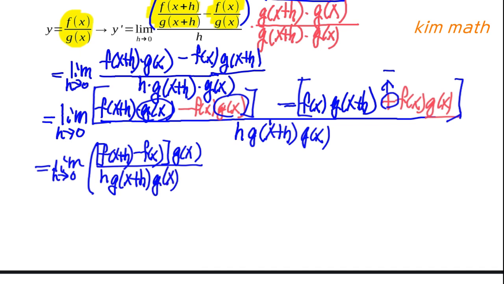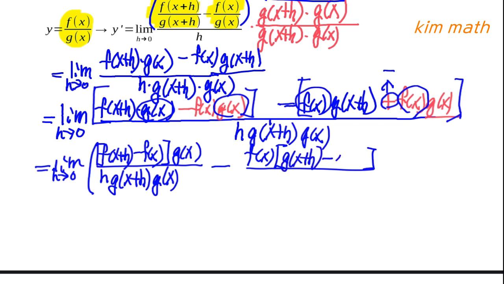Okay, next one, minus. In this case, f of x is a common factor, right? So if you factor out f of x, now we have two terms. First one is g of x plus h minus g of x, right? And the same denominator, h times g of x plus h times g of x.